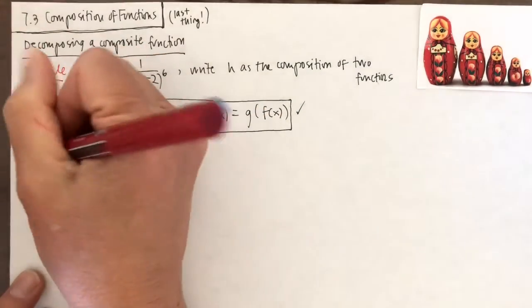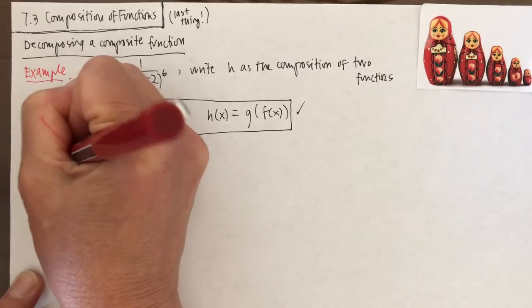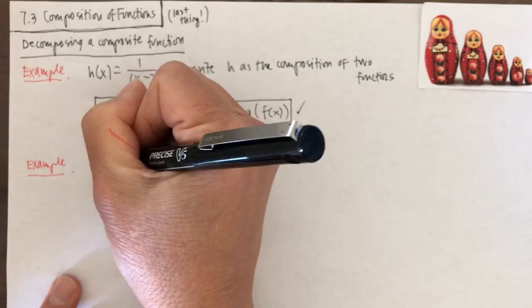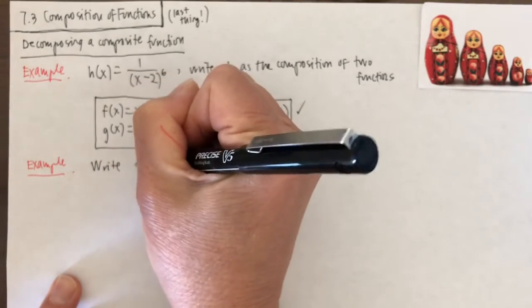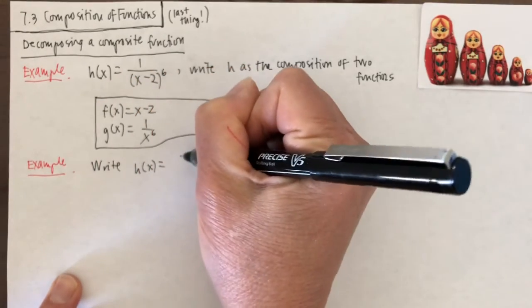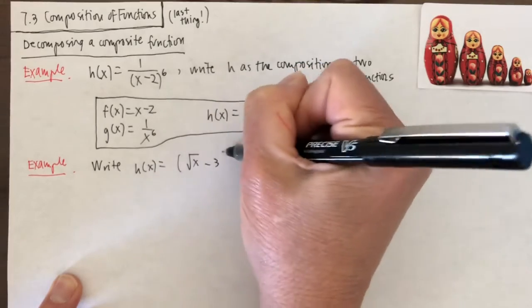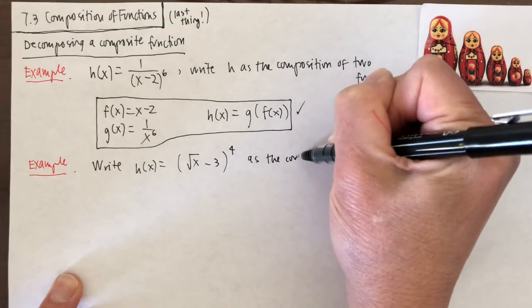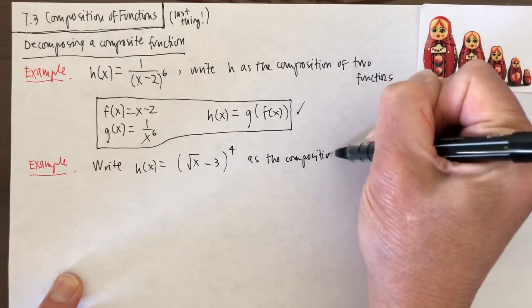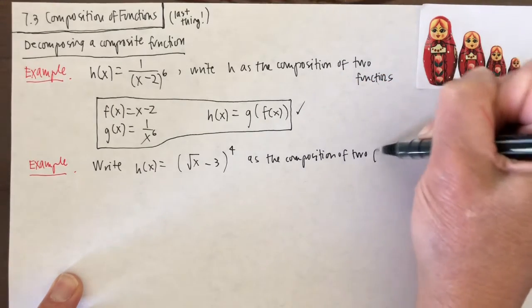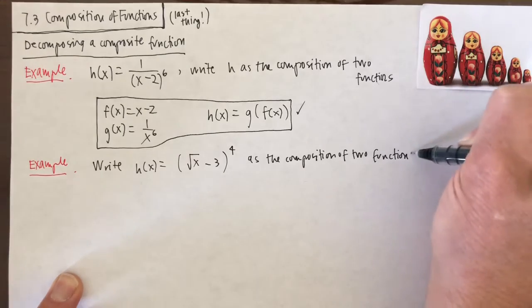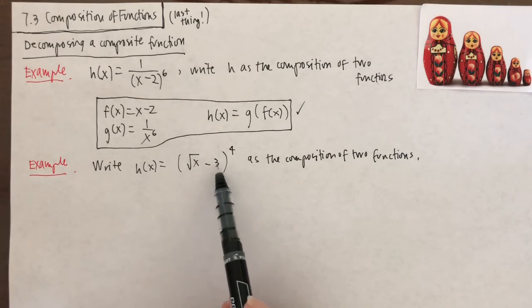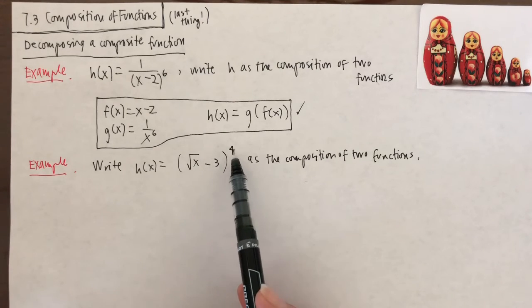Let's do one more quick example. Write h of x equals the square root of x minus 3, raised to the 4th power, as the composition of 2 functions. Again, there will probably be multiple right answers, but looking at this, I see something inside the parentheses raised to the 4th power.